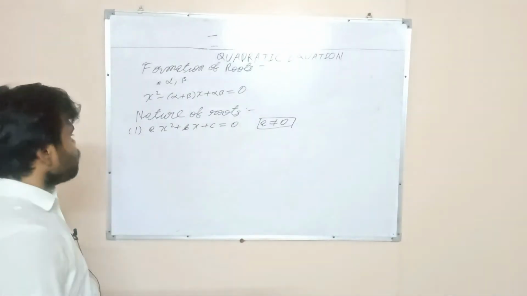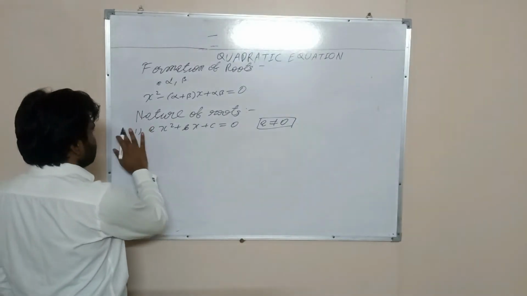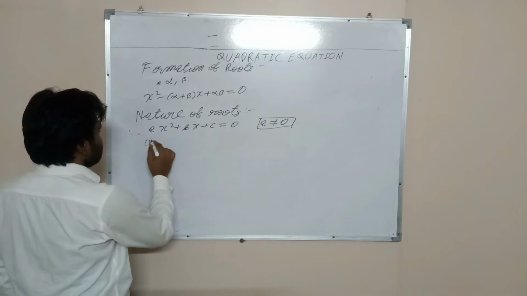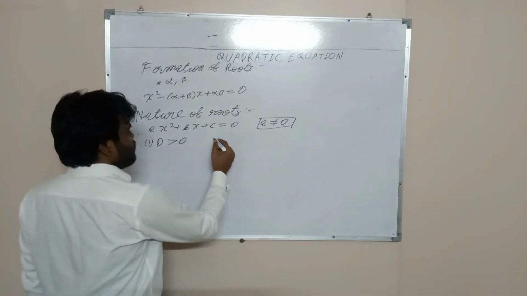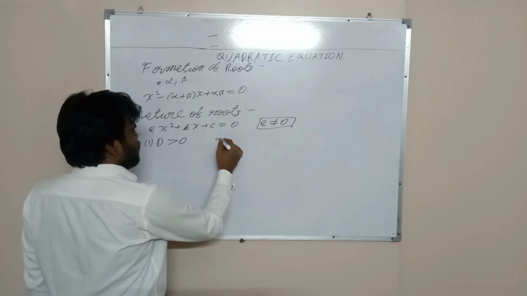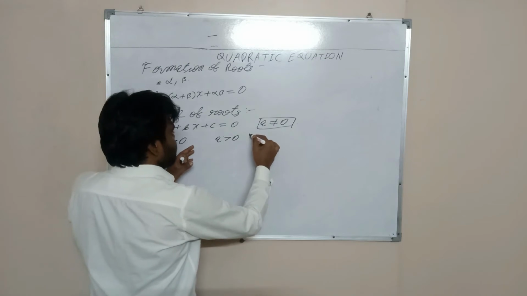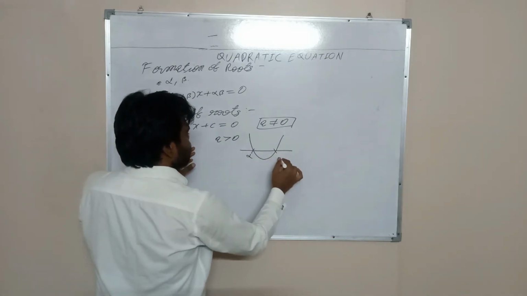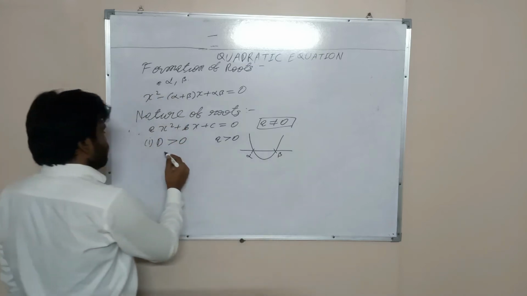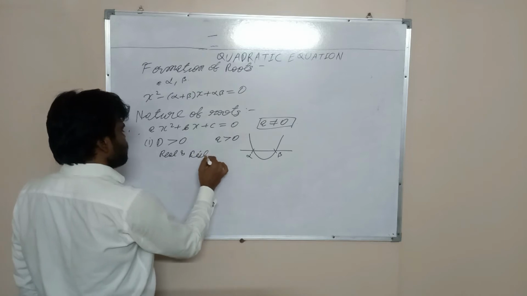Secondly, if the condition is d is greater than 0, and a is also greater than 0, then the graph will be something like this, and the roots will be real and distinct.